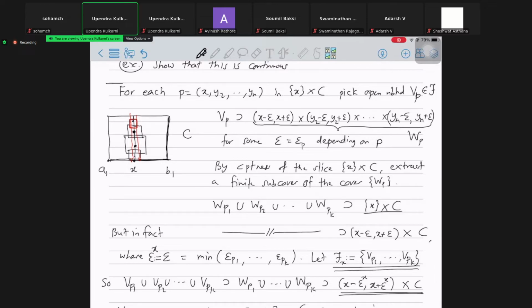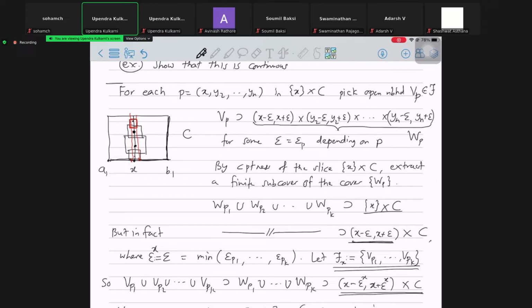But I observed that this finite family actually covers not just the slice, but an entire tube around the slice. So not just the singleton X cross the vertical C, but an entire open interval X minus epsilon to X plus epsilon cross C.